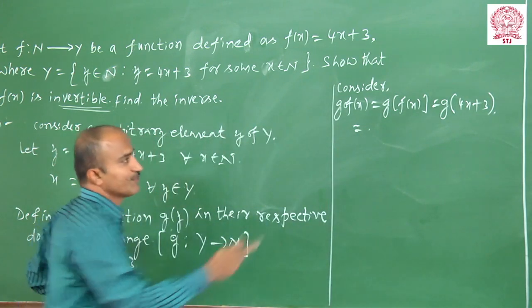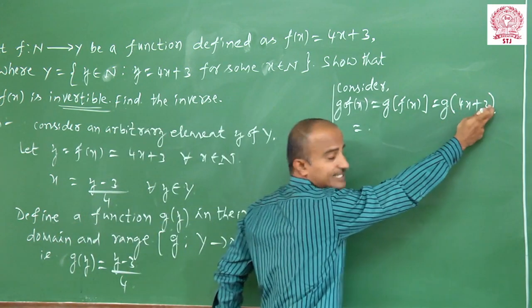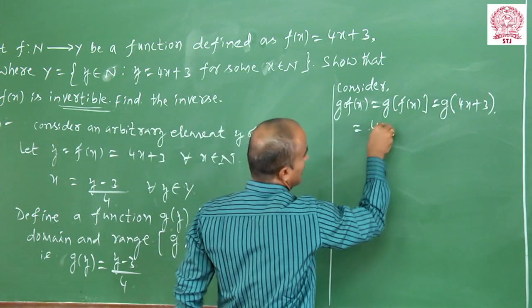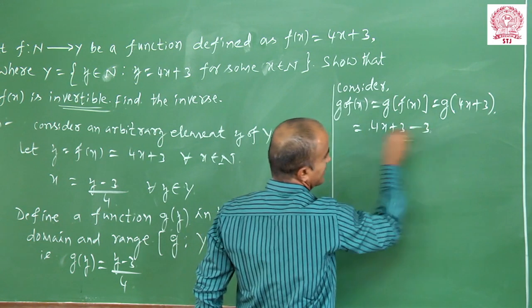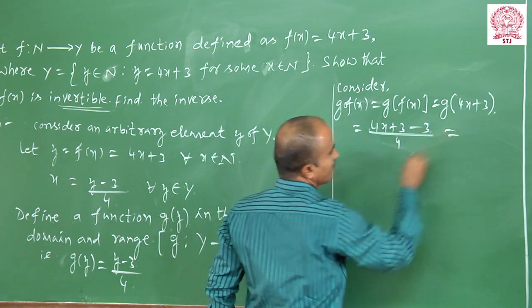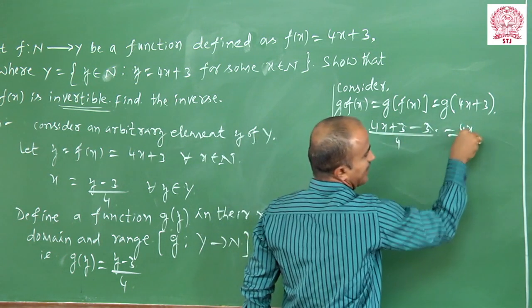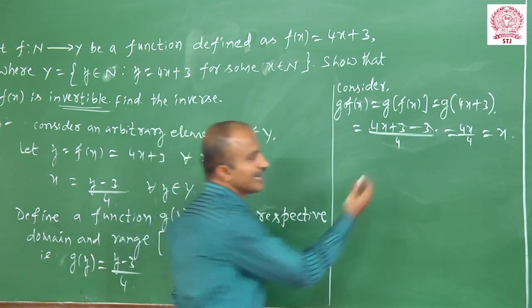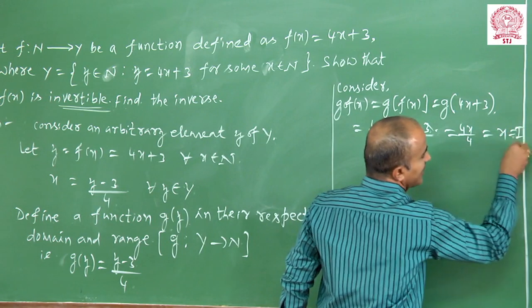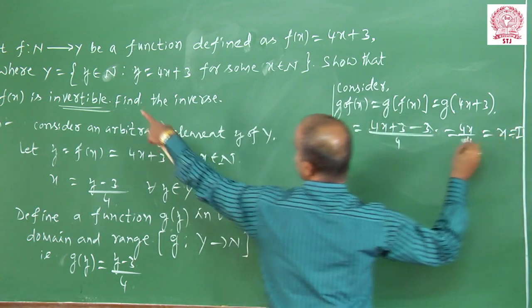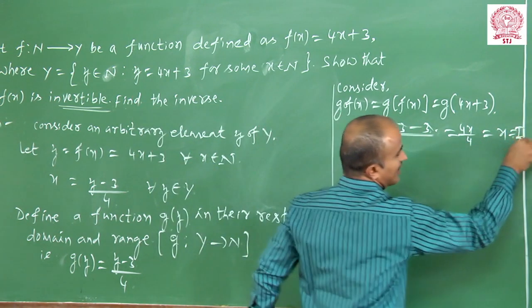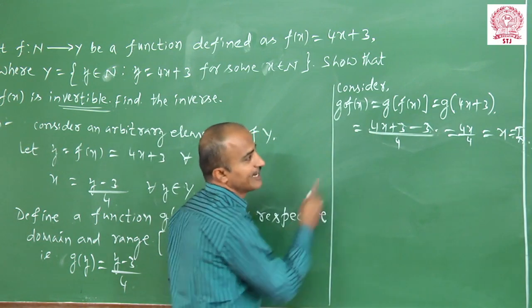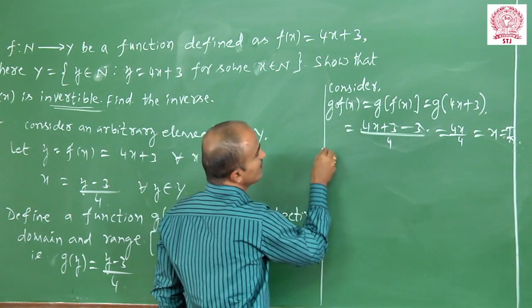Wherever y, replace that y by 4x plus 3. So we have (4x plus 3 minus 3) by 4. Simplified, we have 4x by 4 equals x. And that will be equal to I_N, where the domain is natural numbers N, an identity element.